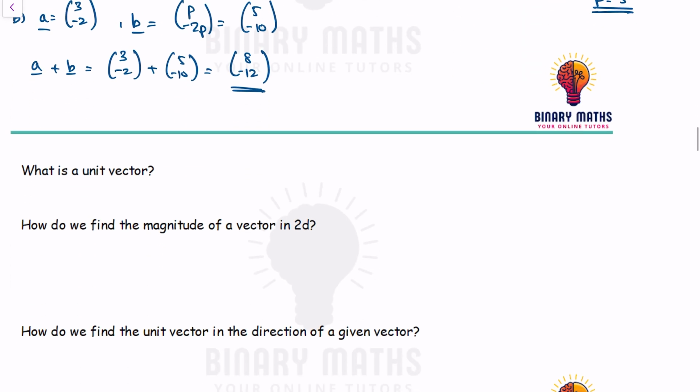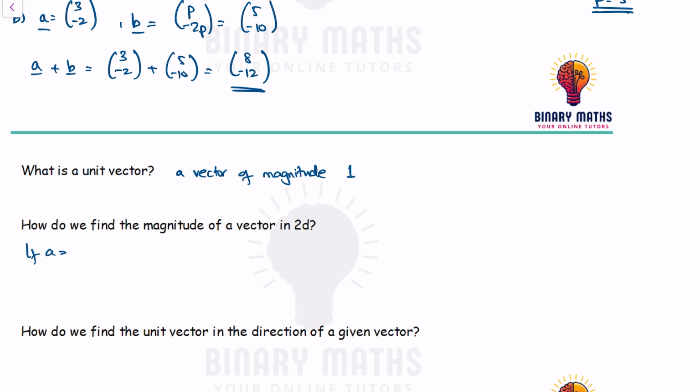So what is a unit vector? A unit vector is a vector of magnitude 1. How do you find the magnitude of a vector in 2 dimensions?